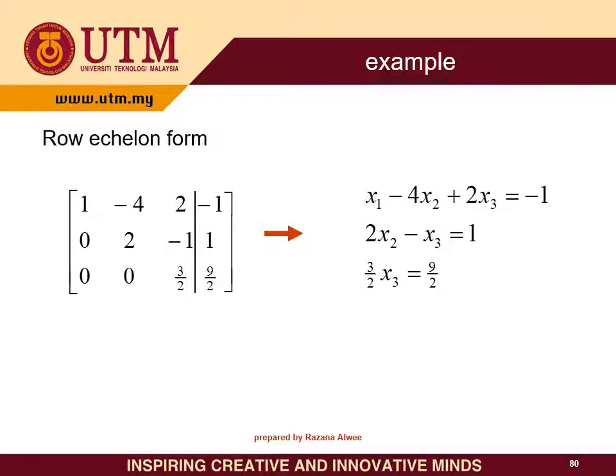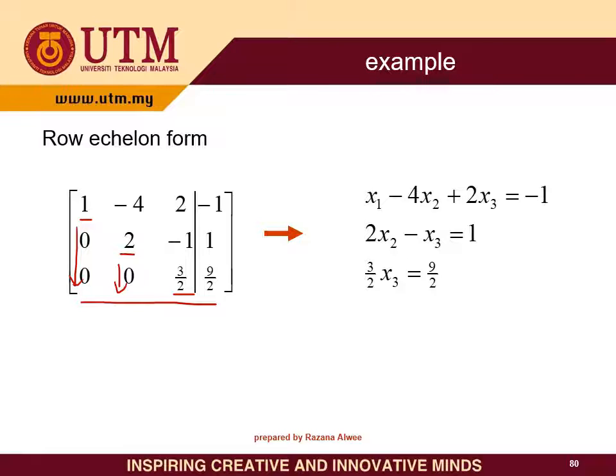Then we can see our matrix now has a row echelon form, whereby here we have our leading entry, and under the leading entry is 0.